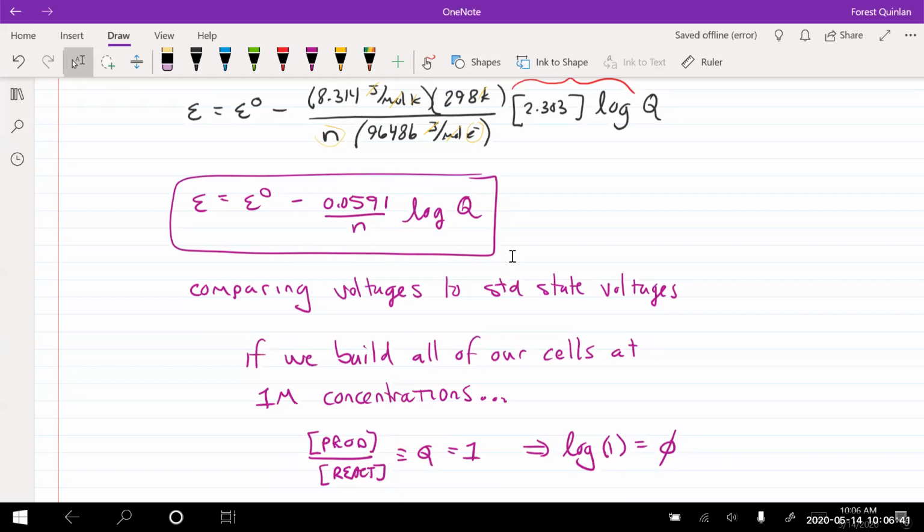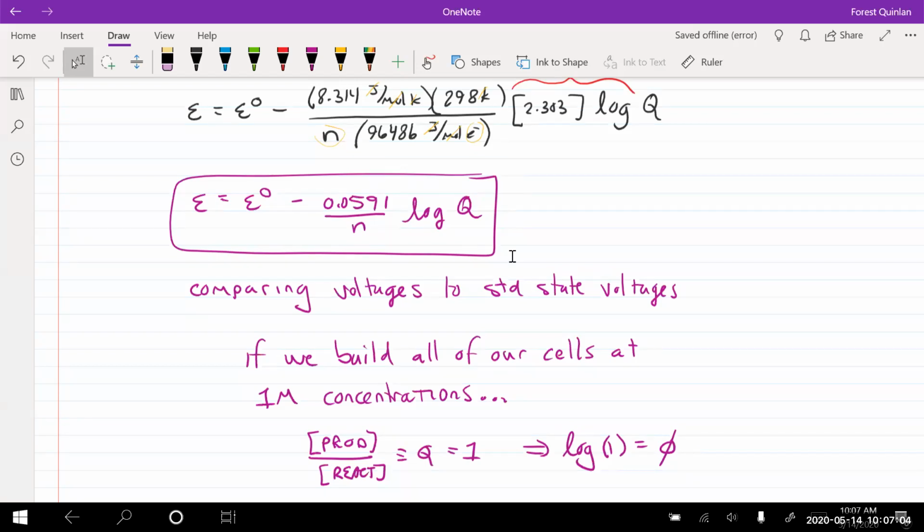If you start there, then that log of Q, how far away you are from your equilibrium position, is log of 1, which equals 0. That whole right half of this equation drops out, and the voltage you measure will actually be the standard state voltage.